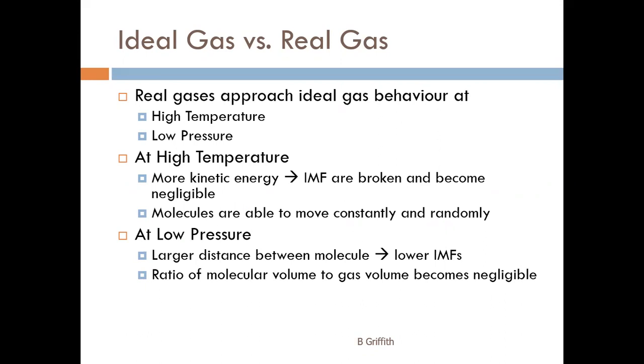The gas will occupy a higher volume, so the distance between particles is larger, and they're not going to have the opportunity to form intermolecular forces, and the volume of each gas molecule relative to the volume of the gas is going to be very, very small. So using things that we've already learned, we can make sense of how our gas approaches ideal gas behavior.